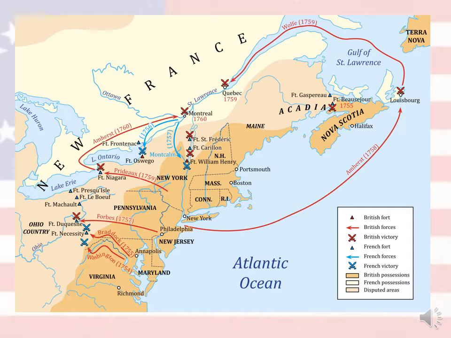French won some victories. Now, the darker brown to the right or to the east, that is the area that the British have, or the British possessions, and the lighter area to the left or to the west is what the French have, and the disputed area is kind of in between that.